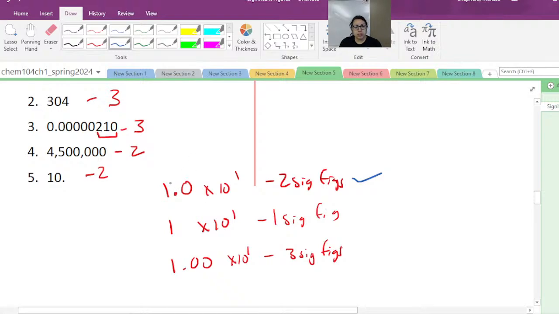Well, because your scientific notation should still reflect the sig figs. So by adding this, now you're showing that there's 2 sig figs. Because you don't need the 0 to show 10, you need it to show the sig figs. So that's why writing it as just 1 times 10 to the 1, now we only have 1 sig fig.